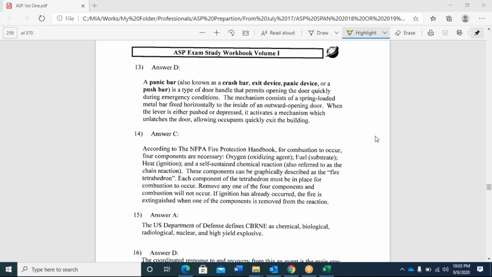These are all the names. This type of door handle permits opening the door quickly during an emergency.